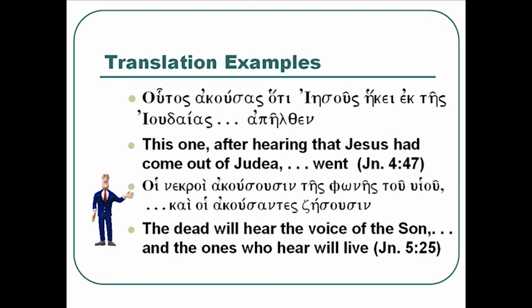The dead, the nekroi, will hear, future of akuo, they will hear the phones tu huiou, the voice of the Son, and the ones hearing, hoi akusantes, that's your aorist participle, nominative plural, and the ones who hear, zesusin, they will live, zao in the future, they will live. A couple translations to get you started, but the workbook will have a whole lot of examples, these fold-unders that you're probably used to by now.